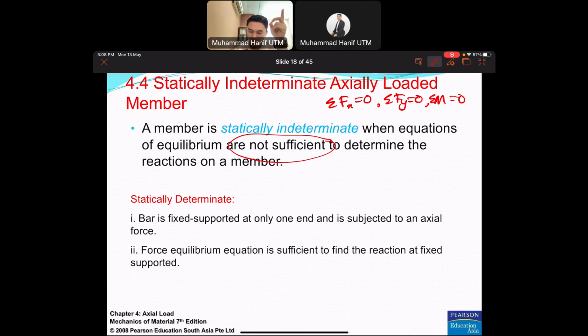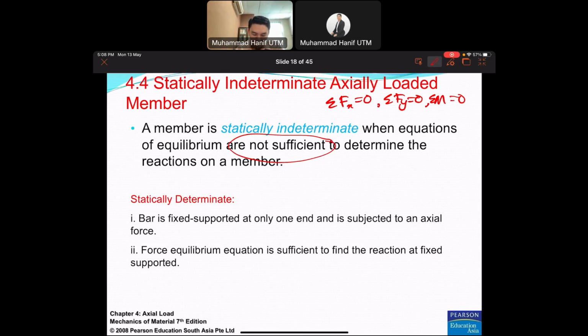So when the equations of equilibrium are not sufficient to determine the unknowns, you have to have a method to add another equation. So what makes the difference between statically indeterminate and statically determinate?